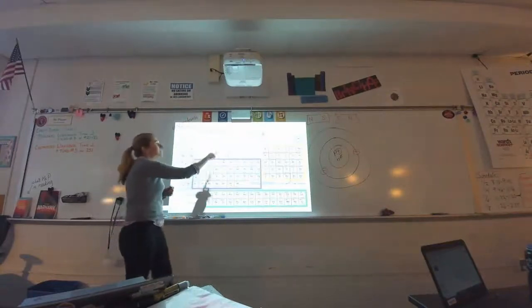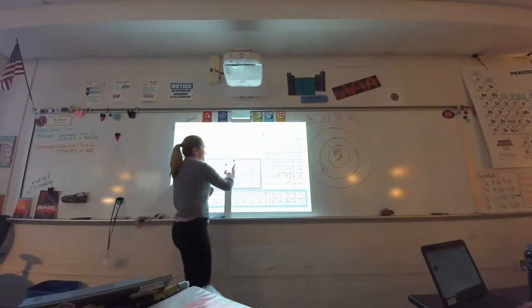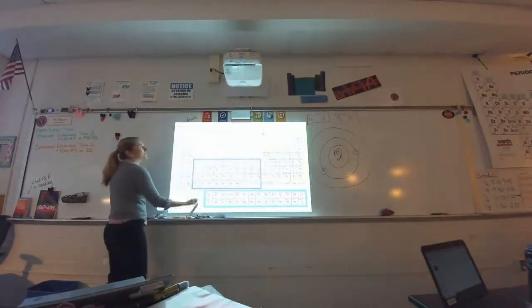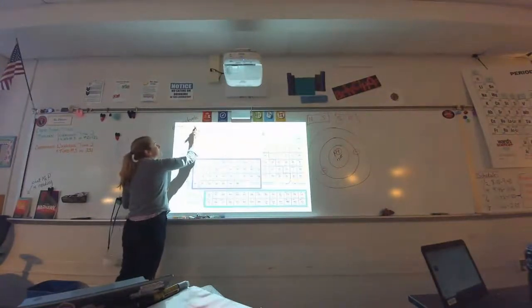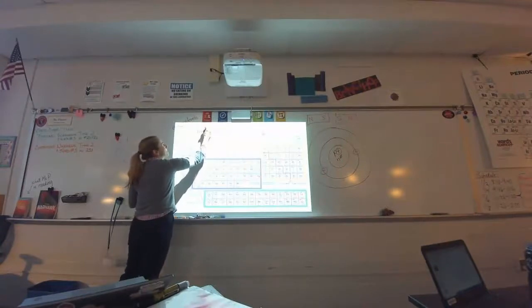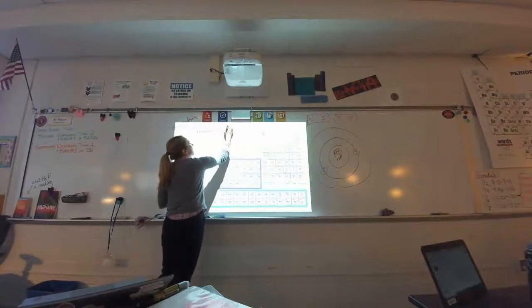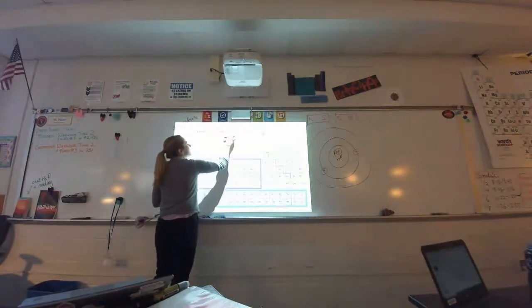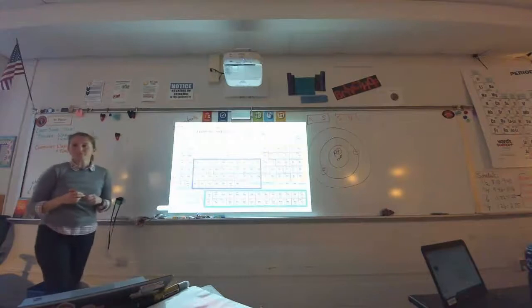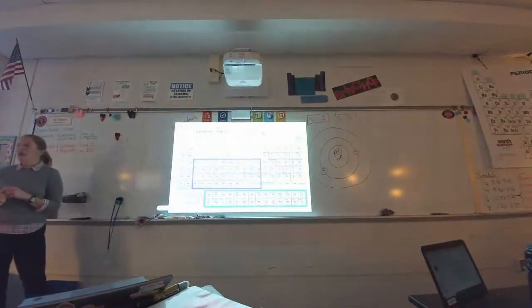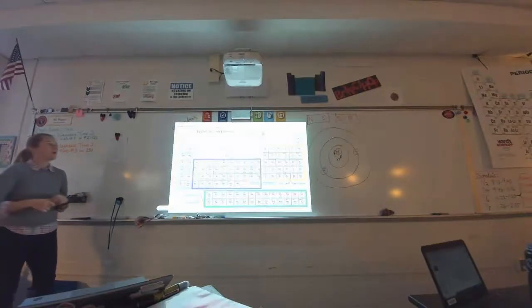Our S, P, D, and F are sublevels, and each orbital holds 2 electrons.